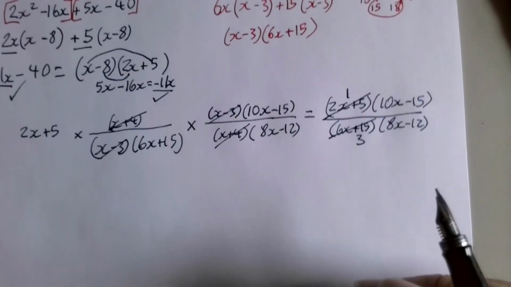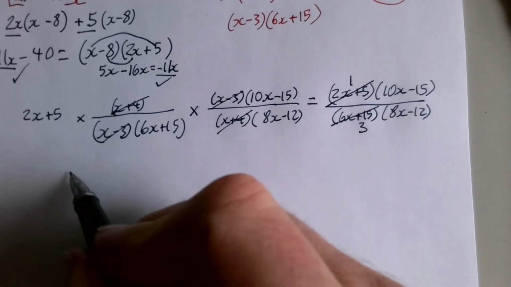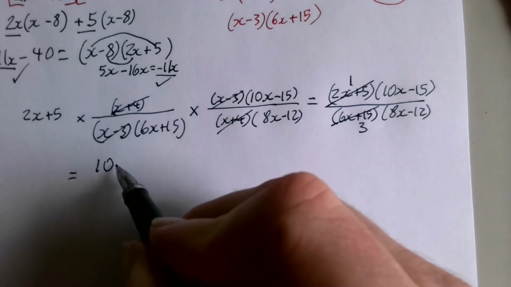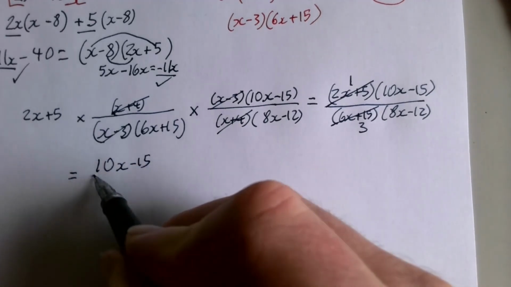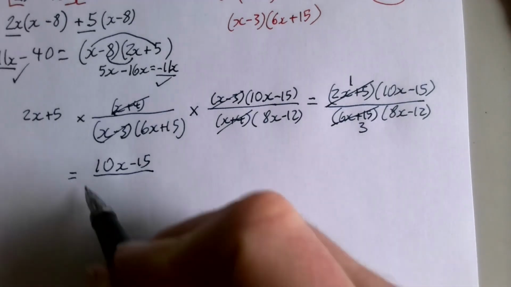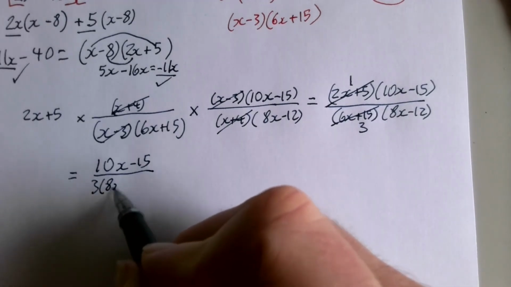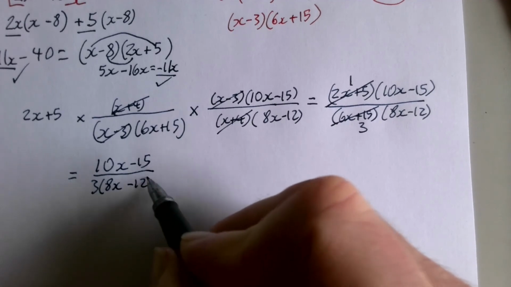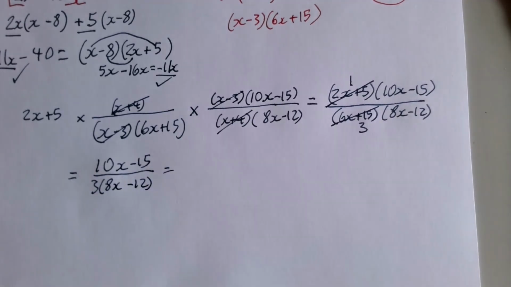So if I have a little look at how that can move on, that gives me 1 times 10x take 15, so 10x take 15 on the top, and 3 times 8x take 12.